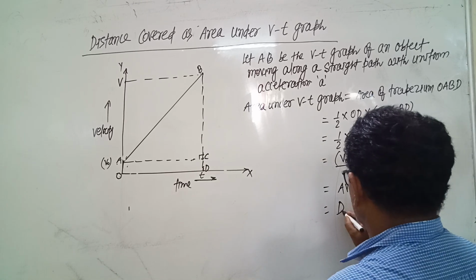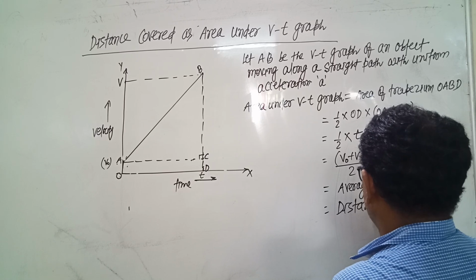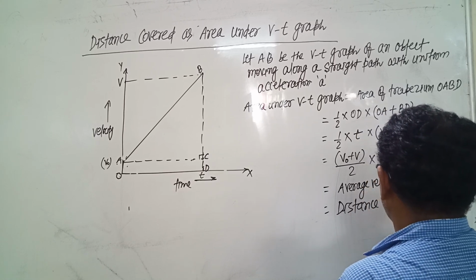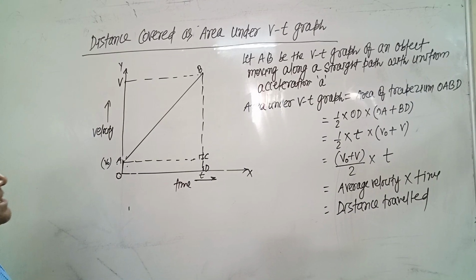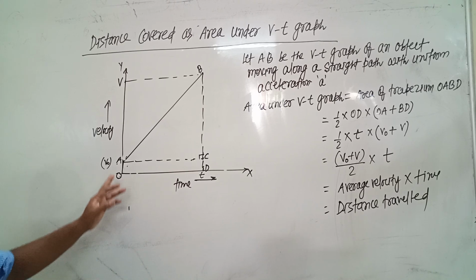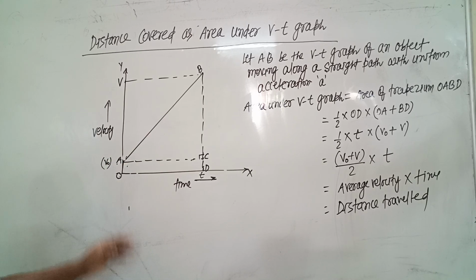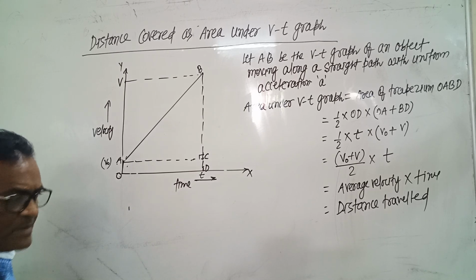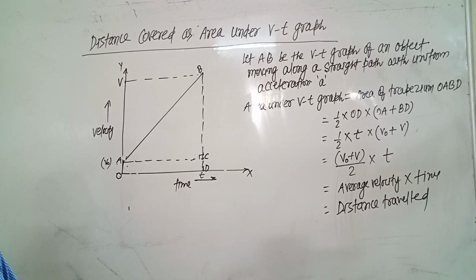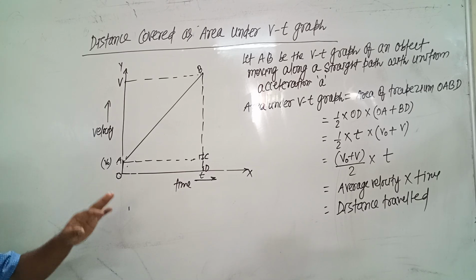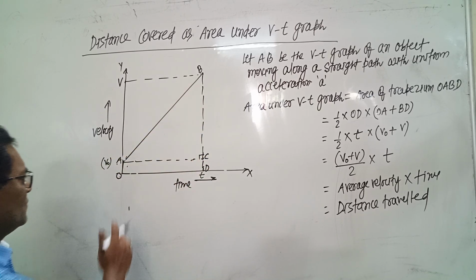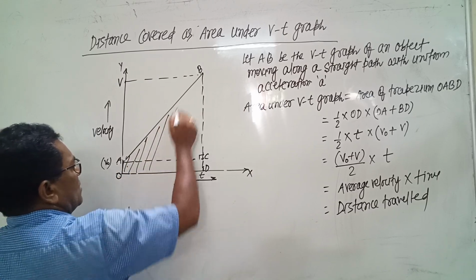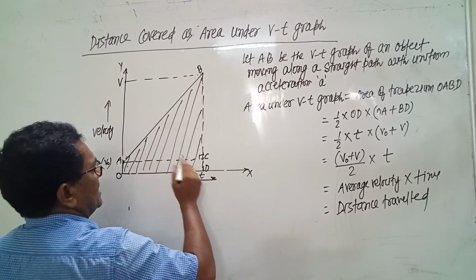So this is equal to the distance traveled. So distance covered is the area under the velocity-time graph. We have taken the case of uniformly accelerated motion AB, with a velocity-time graph of an object moving along a straight path with uniform acceleration a, and the area under the graph is equal to the area of trapezium OABD.